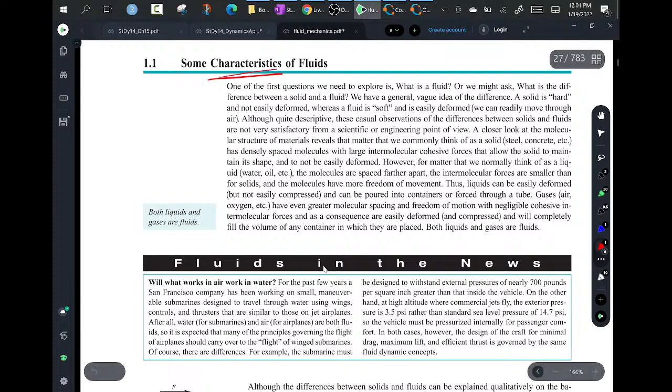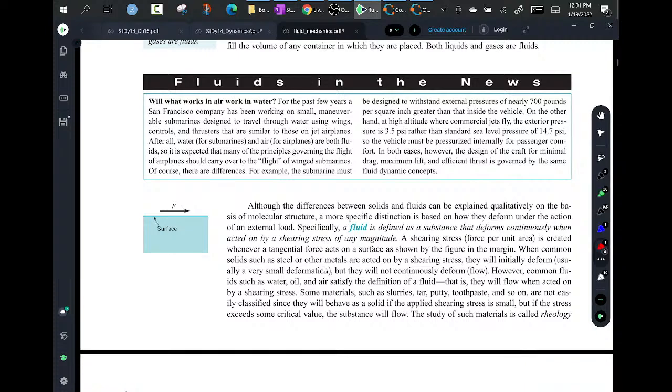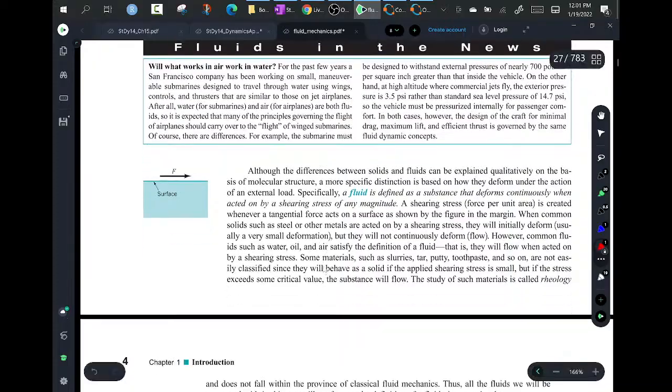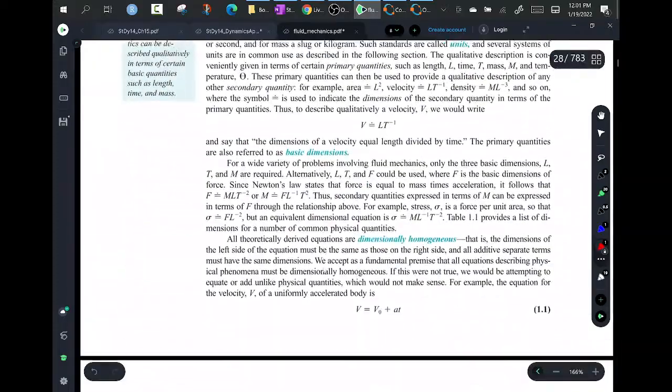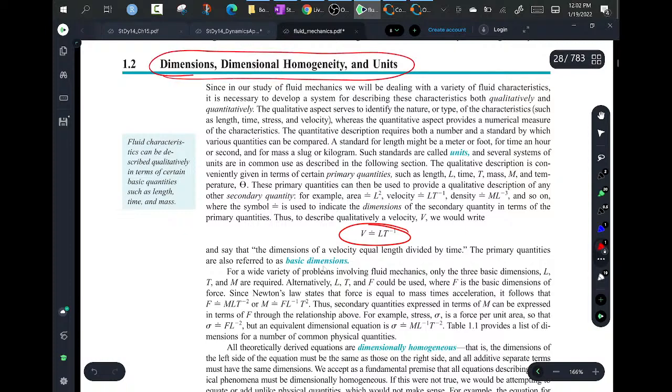Some people call them characteristics. Characteristics could include motion and things like that, which are not necessarily properties, but those are fine points that we won't go into right now. You already have a lecture on dimensions and units and dimensional homogeneity.